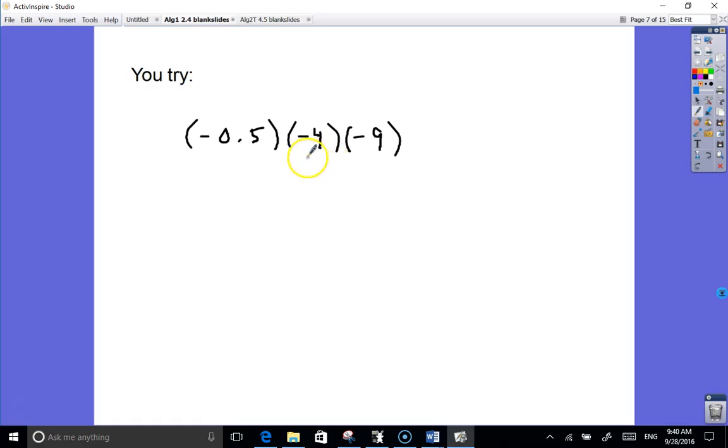So what's negative 4 times negative 9? Positive 36, right?